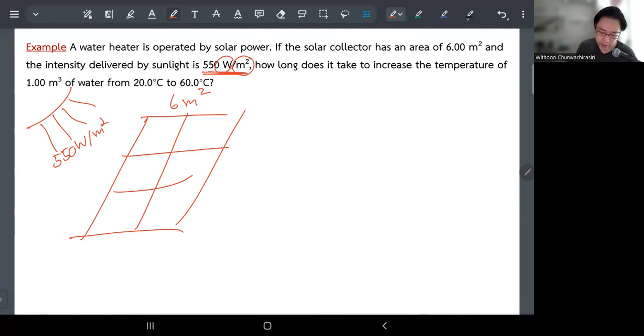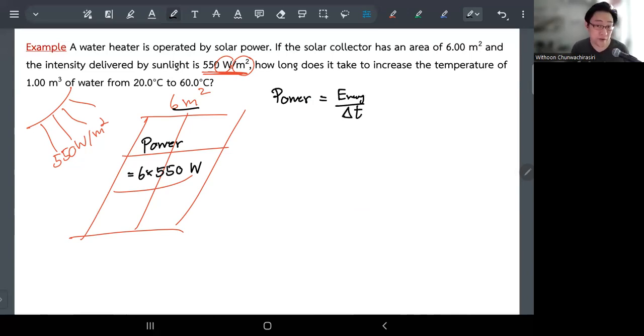Because now your solar panel has 6 square meters of area, it means the total power that you can deliver from this panel is going to be 6 times 550 watts. You guys with me? Cool. So the power is given, and everyone knows from physics 1, power is just energy per unit time.